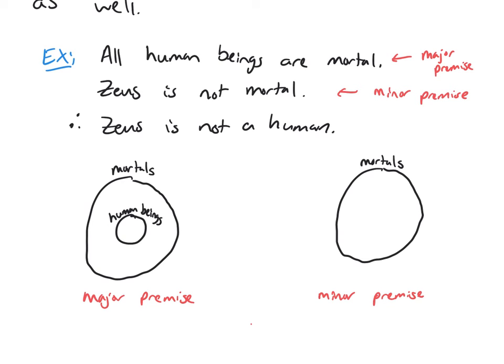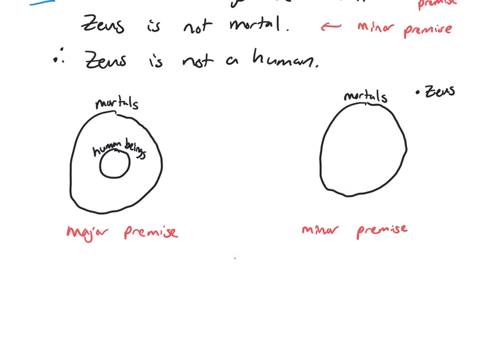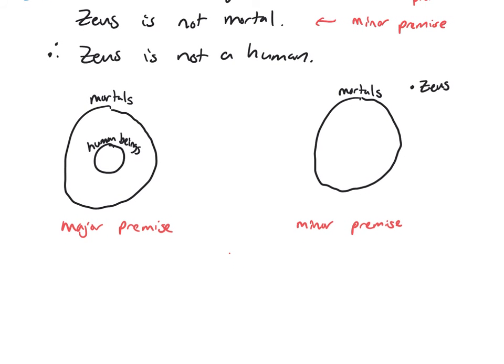And when you're talking about one particular object, so in this case Zeus, you use a dot to represent one object. So here's Zeus. Zeus is outside of the mortal circle. So then what you're going to do is you're going to take these two diagrams and you're going to combine them.